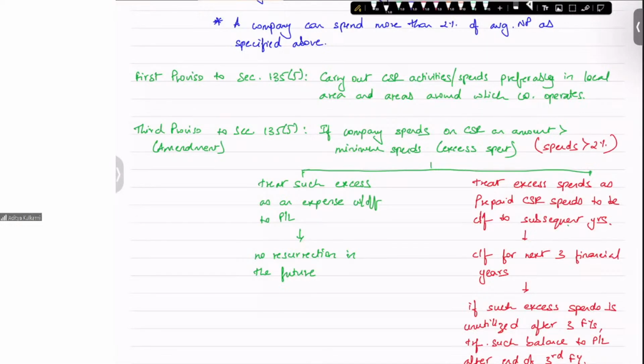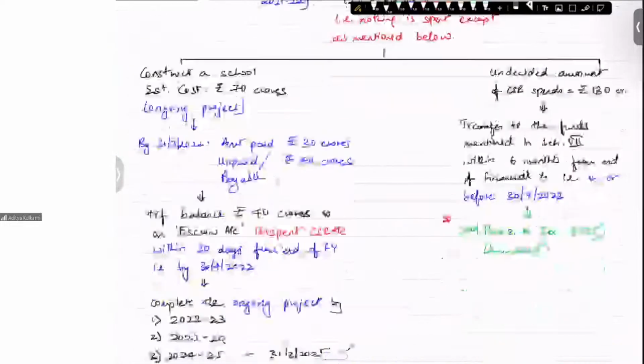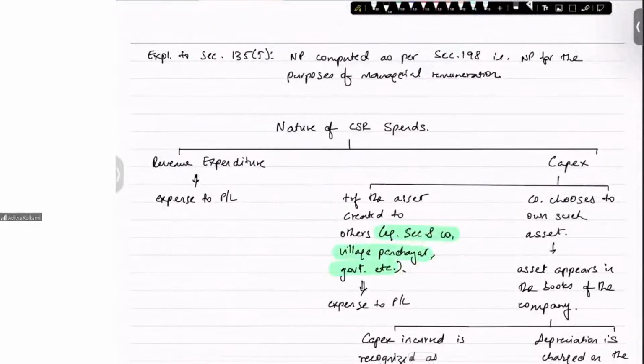Okay, so that is done. Coming to the next part, 135(6) is done, 135(7) is the penalty, 135(8) government directions, and 135(9) is that the CSR committee is to be formed only if the spends exceed 50 lakh rupees. And the amendment we saw that if there is any balance in the unspent CSR account, a CSR committee has to be formulated. So 135 is done entirely.